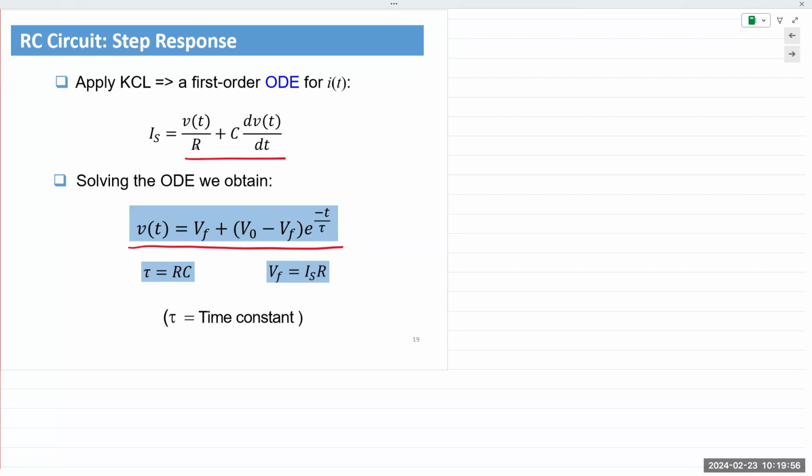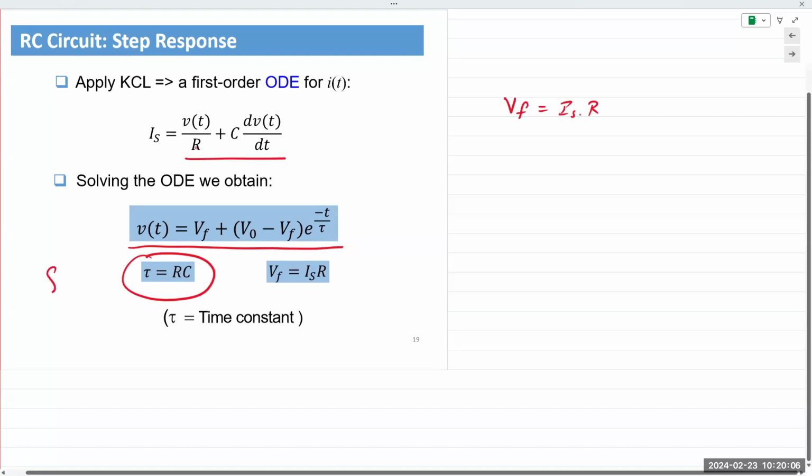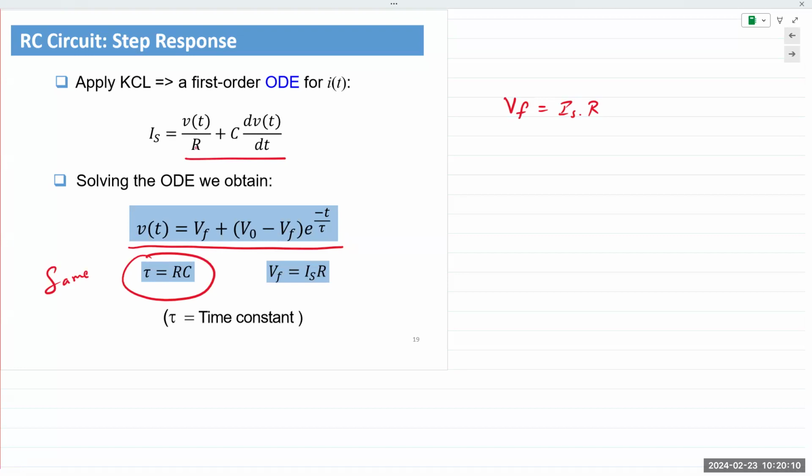Final value VF is again given from Ohm's law, so it depends on the source and the total equivalent resistance present in the circuit. Time constant tau is also the same. It's R times C, RC, and it's the same for charging and discharging. No difference whatsoever.